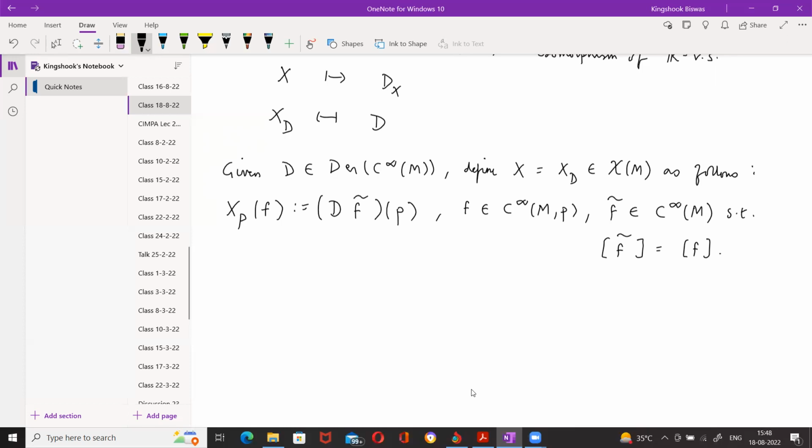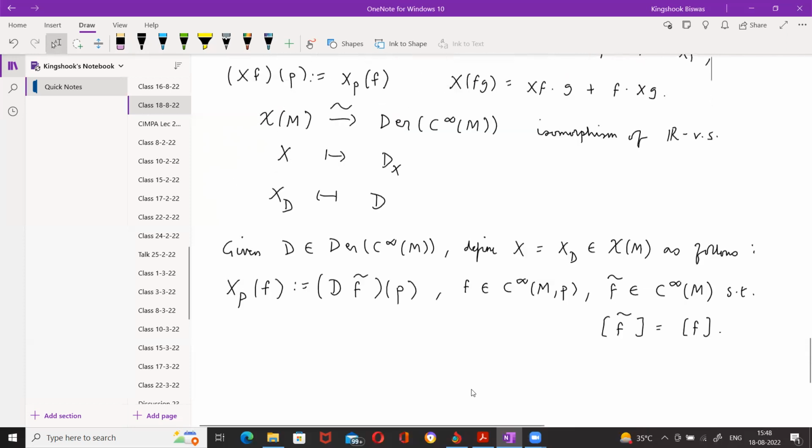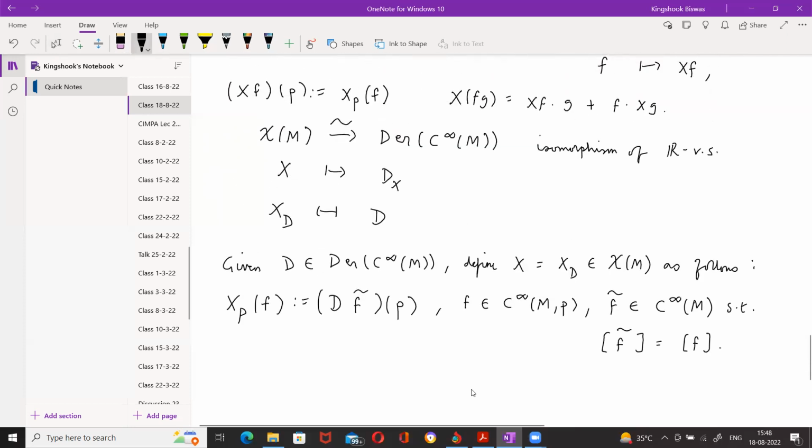So now, in this isomorphism, on the right-hand side I have the Lie bracket operation. I can just use this isomorphism to transfer it back to the space of vector fields.